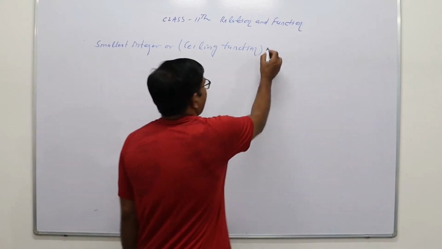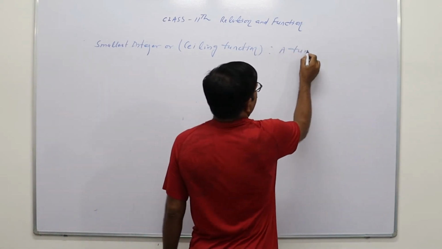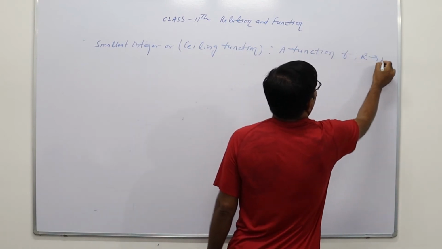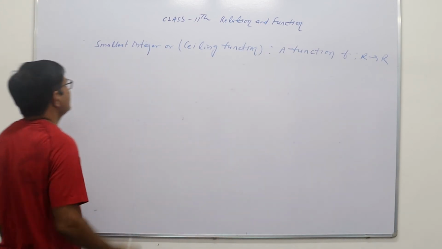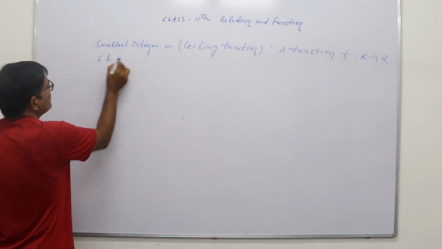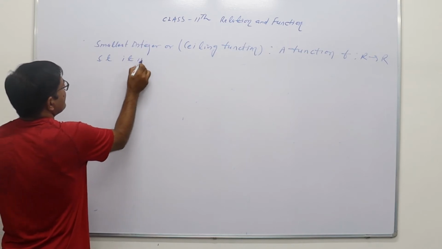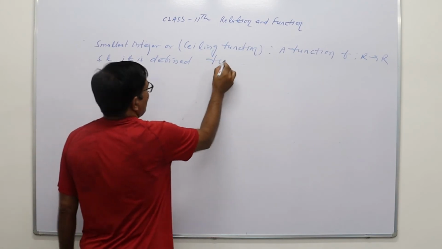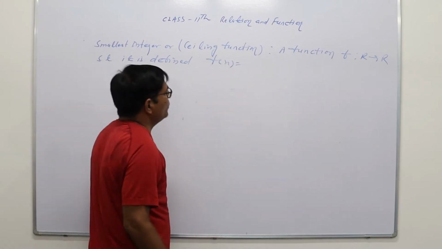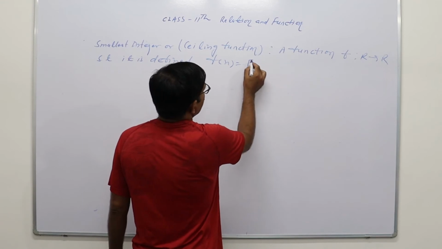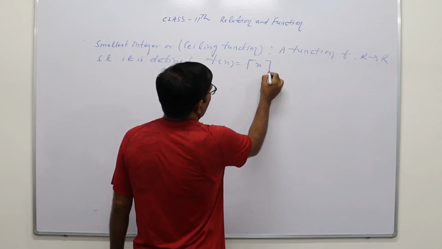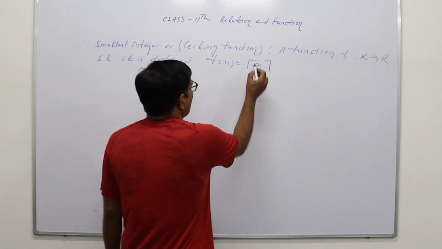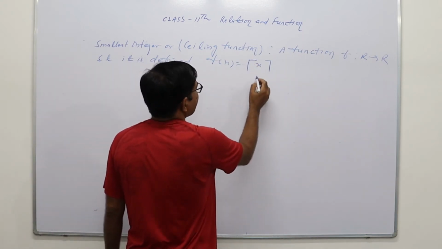A function f from R to R such that it is defined as f of x equals the smallest integer of x. This is the representation of the smallest integer of x.